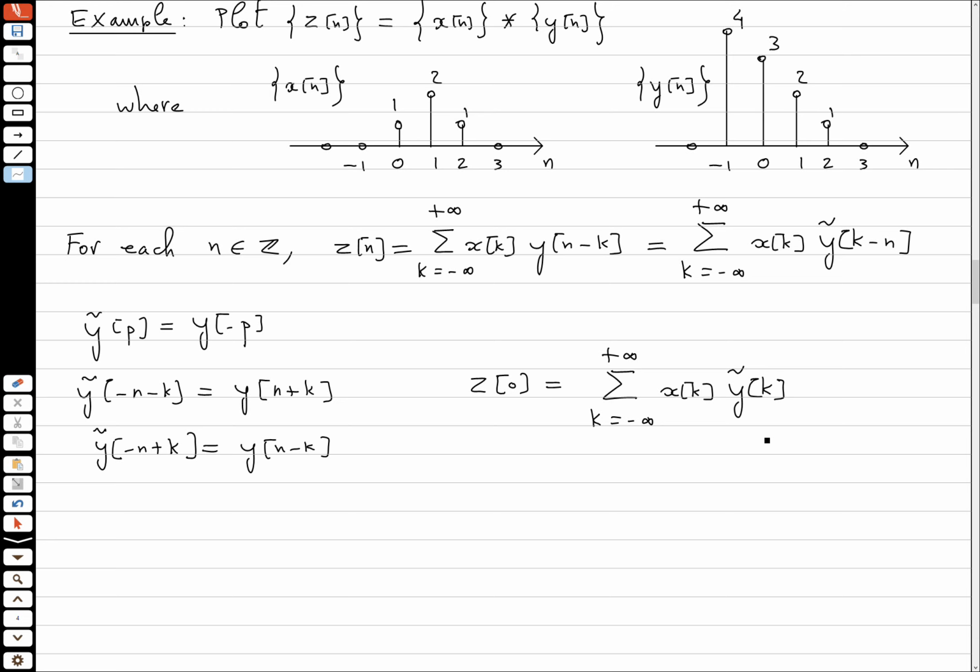This one is similar, except that the number of coordinates is infinite. A sequence is like a vector with an infinite number of coordinates. So it's nice to put in this form because at 0, you just have the dot product between two sequences, x of k and y tilde of k. So the trick is to plot x and y in terms of k.